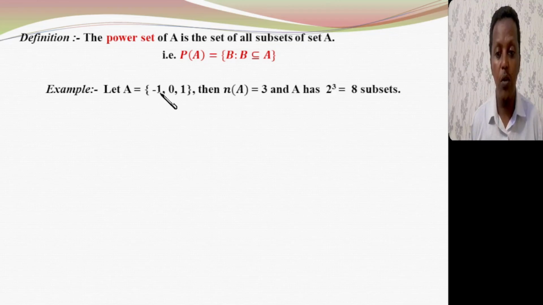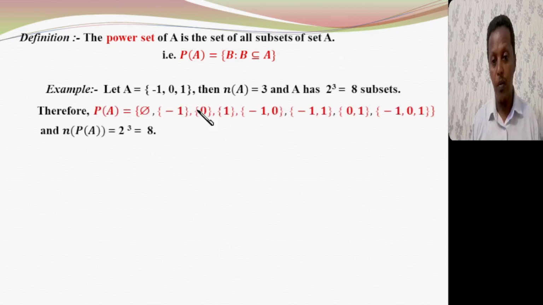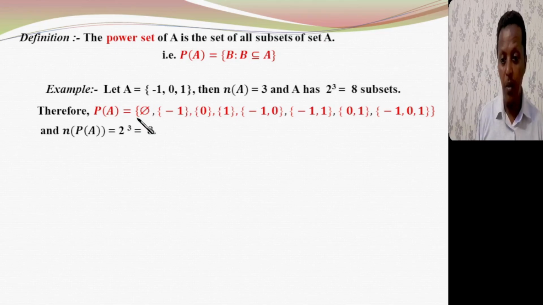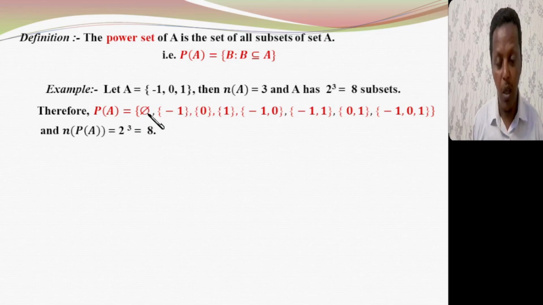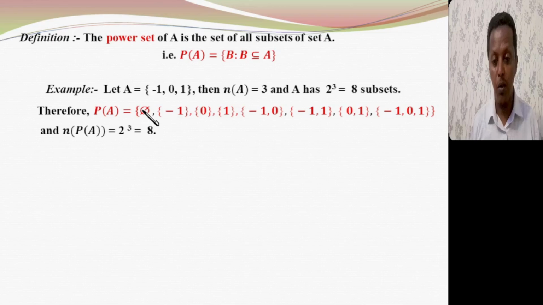Considering set A containing minus 1, 0, 1. So we have 3 elements for A, and we expect 2 to the power of 3, 8 subsets. So a set that contains all these 8 subsets as elements, we call it the power set of set A. The 8 subsets of set A: the first one is the empty set, because the empty set is a subset of every set.